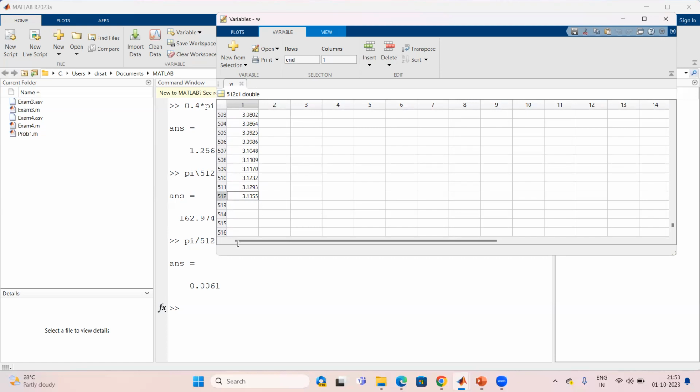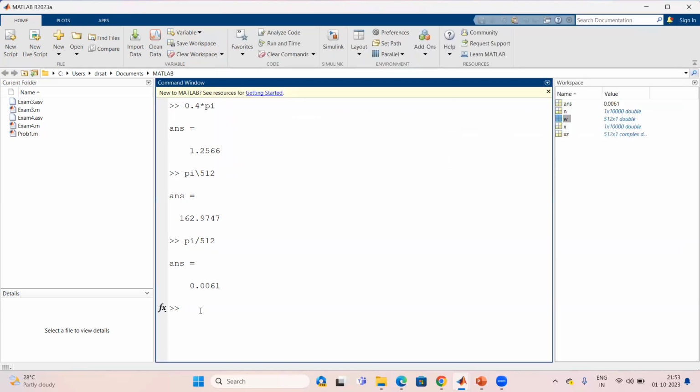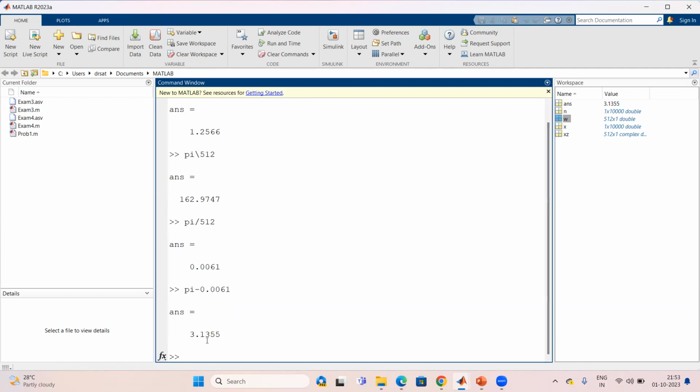You can take pi and subtract 0.0061, and that will be the maximum value. So 3.1355 is the maximum value, with a total of 512 points including the zero. So this is what we have got.